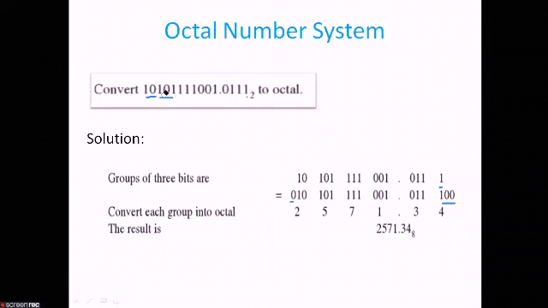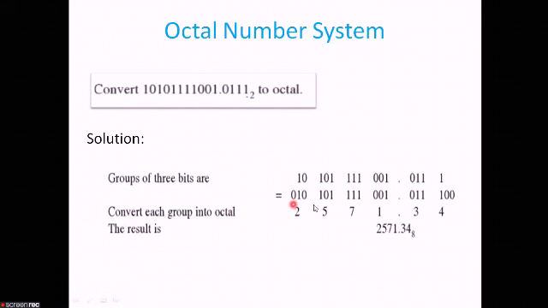I hope this is clear to all of you, because we have just added some zeros before the point and after the point. So when we look at this group of 3 bits, next we have to convert each group into octal numbers.